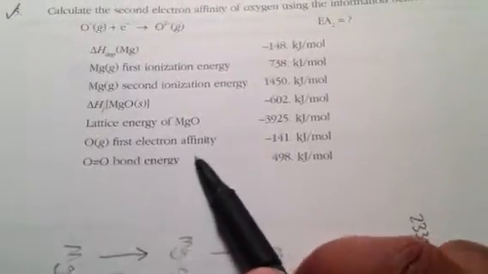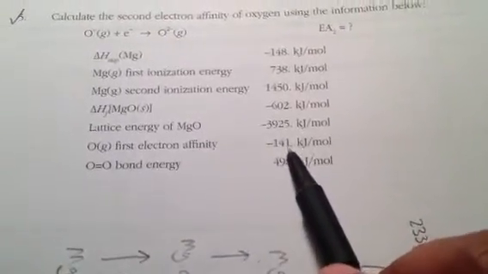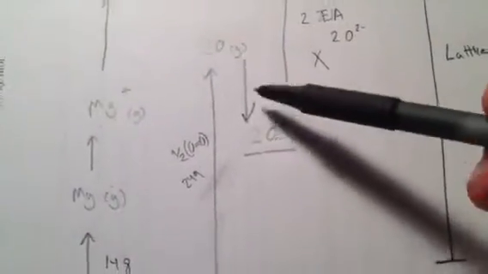Remember, I told you the first electron affinity is negative, and it's right over here. We're going down in energy, because we're releasing energy from the system once we add that first electron in. That's given by negative 141.